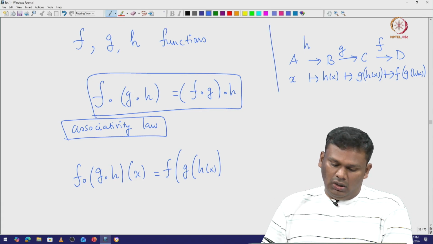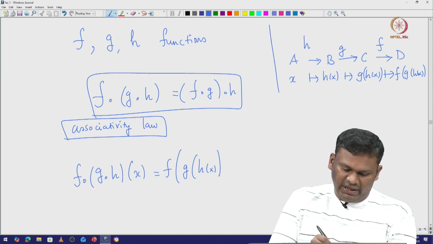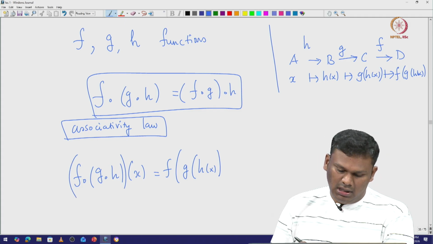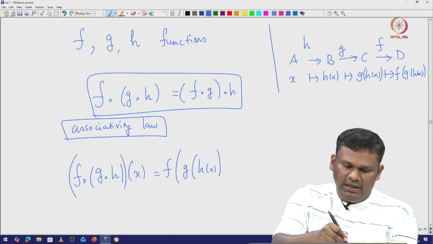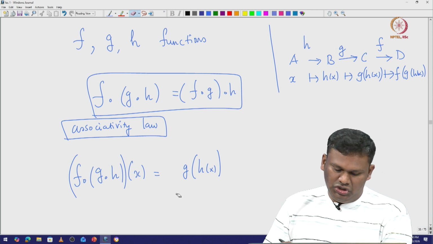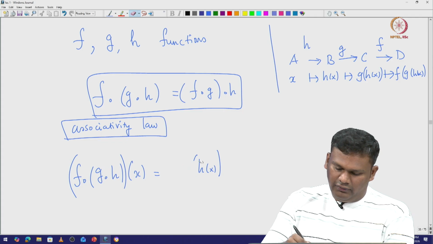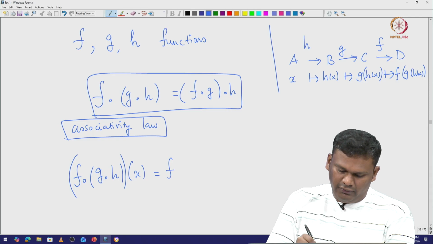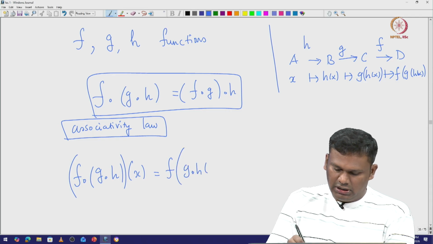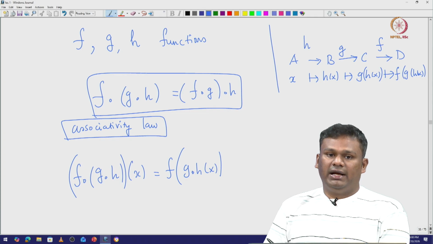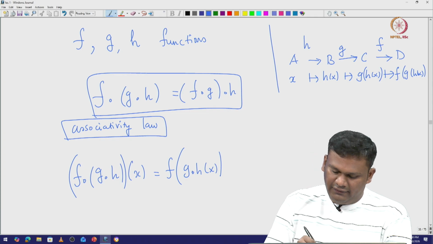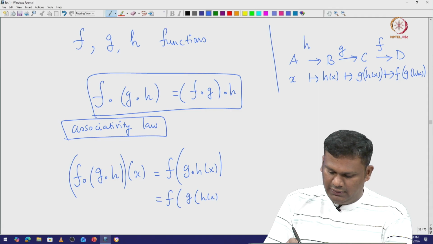Now by the definition of f composition (g composition h), first we apply g composition h to x, and then on that we apply f, which is the same as f of g of h of x.